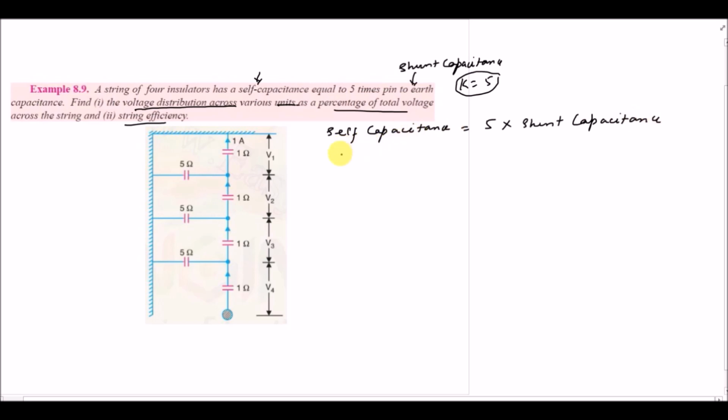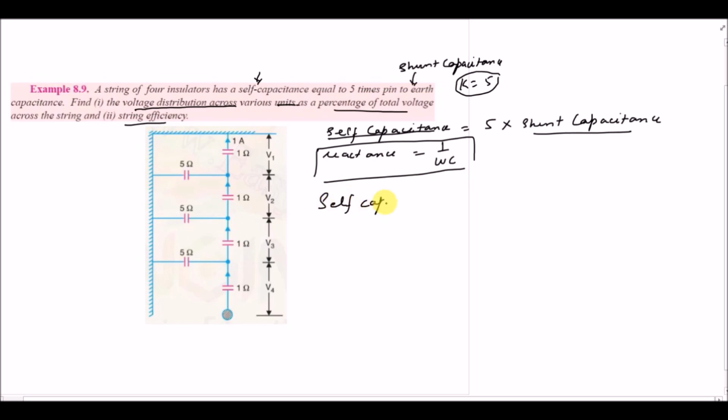Now if I have to find the reactance, it is 1 over omega C, for both self reactance and shunt reactance. Now if I assume that the self capacitive reactance is equal to 1 ohm, right? Then for the shunt capacitive reactance, the value will be 5 ohm.